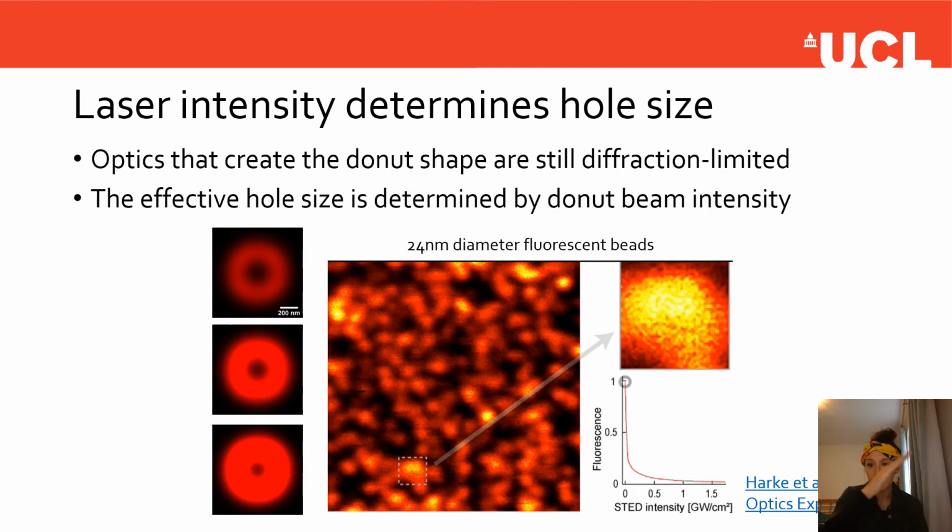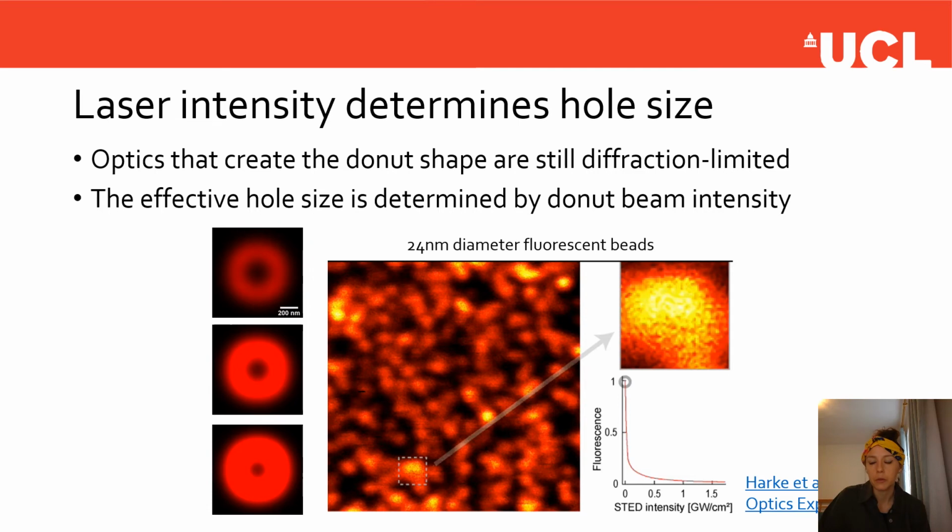So if you imagine a Gaussian or bell-shaped curve, if you increase the intensity, you're increasing the peak, but also those wings. And those wings are encroaching into the centre of that donut, basically. So we get higher and higher intensity, which squeezes this small hole smaller and smaller. And you can see this in this little animation from a paper where 24 nanometer diameter fluorescent beads are being imaged.